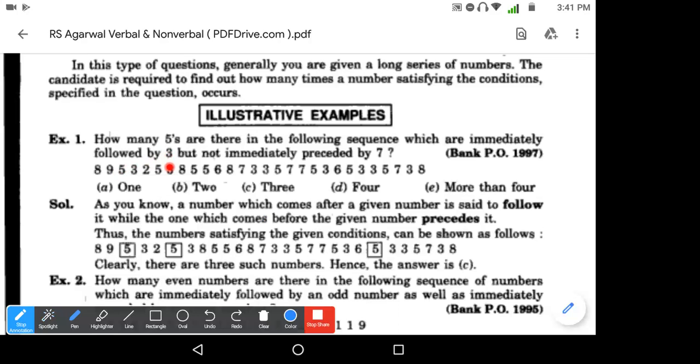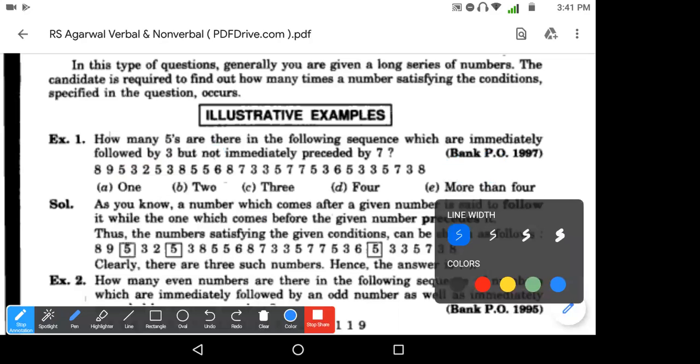Followed means next to 5 there should be 3. But it should not be immediately preceded by 7, it should not have 7 before 5. Now let us see where we get this.